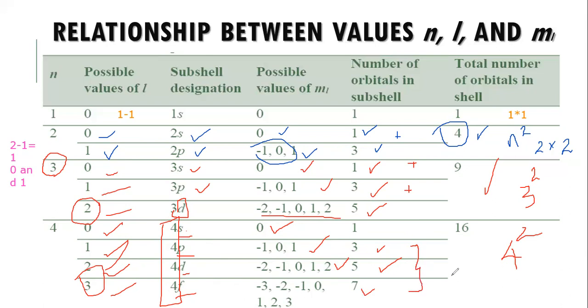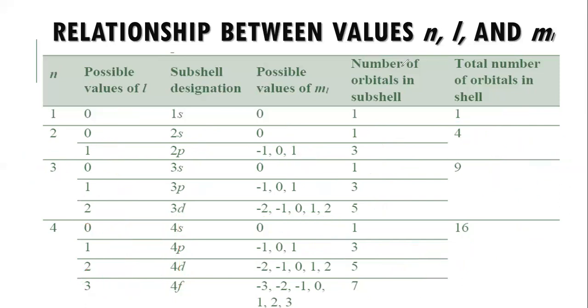Altogether, adding that, you will get 16. This chart is very important, and once you go through it you will realize it's really easy. There is a questionnaire, so go through and try to do those questions using this chart. Definitely you all can do this.